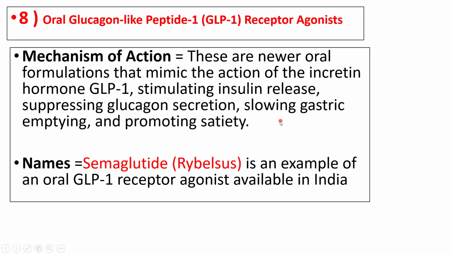I request all of you, just remember that GLP-1 receptor agonists basically suppress the glucagon. Glucagon is a hormone which converts glycogen to glucose in the liver. So liver action is stopped, and also the receptors are sensitized more potently, and they are acting well.